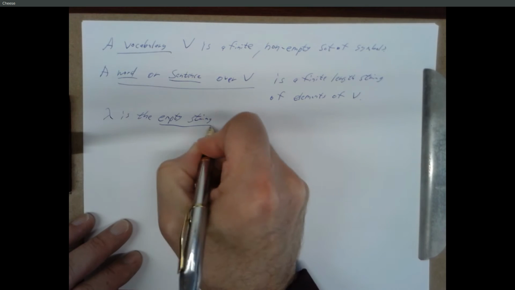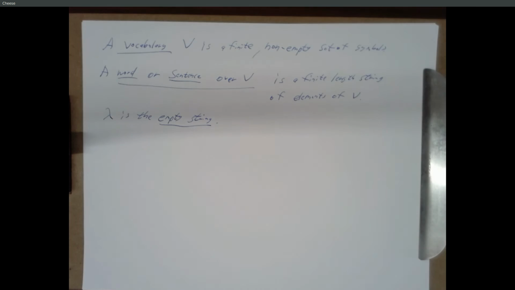We're allowed to have an empty string containing no symbols at all. We represent that with lambda. So lambda is the empty string. And it's pretty useful. And it's not exactly like the empty set, right? Because these things are not sets, they're strings.